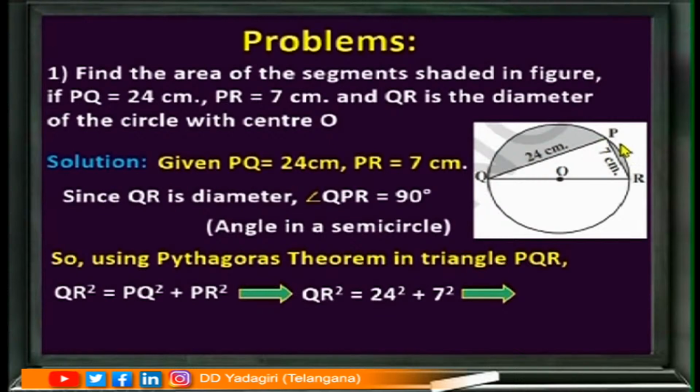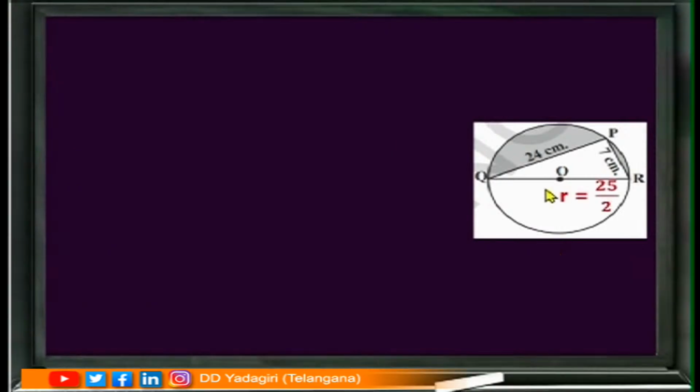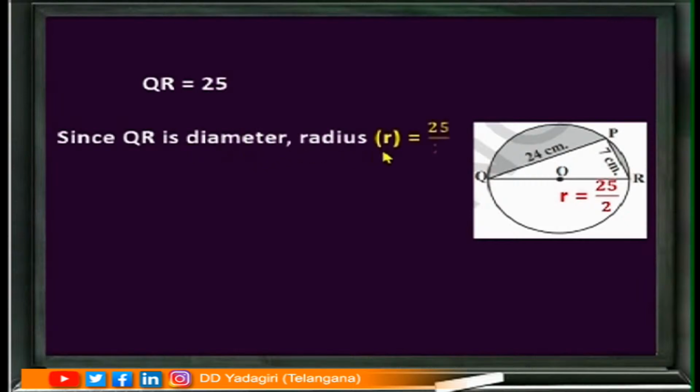This is 24 and this is 7. 576 plus 49, so QR square is equal to 625 and QR is equal to 25. So, we know the diameter now. Diameter QR is 25. Then what is the radius? Since QR is the diameter, radius r is equal to 25 by 2.